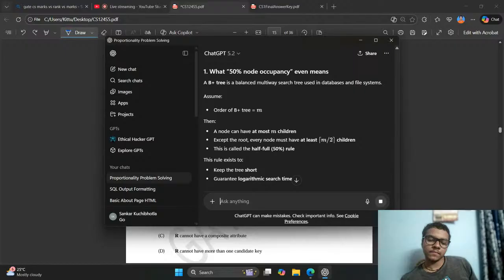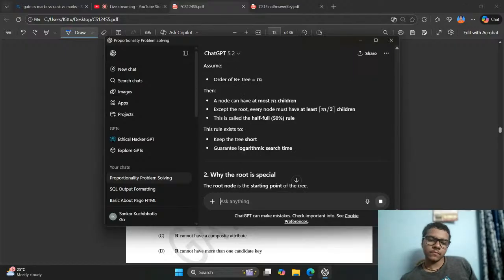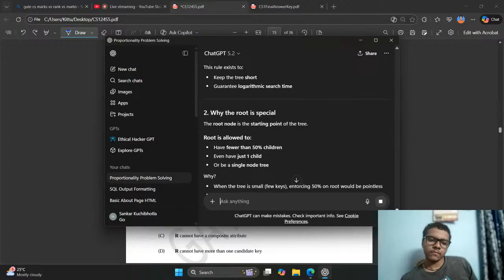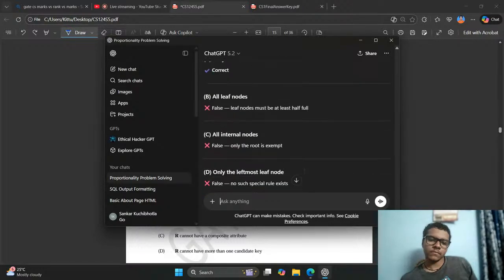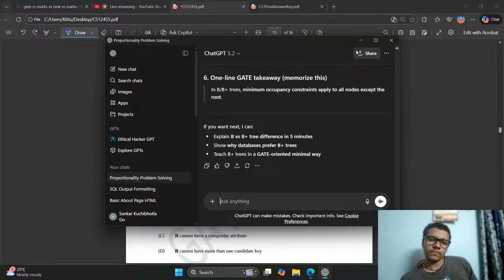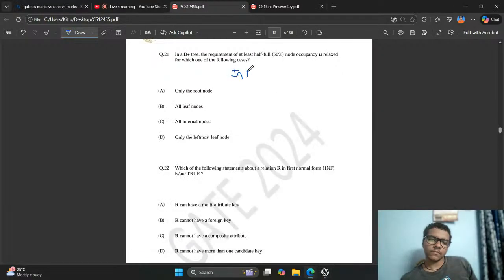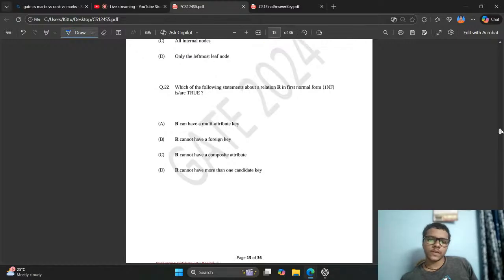In B or B plus trees, the M by 2 is relaxed for only root node.